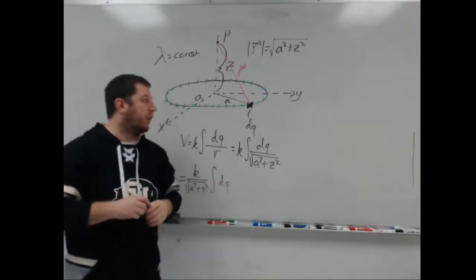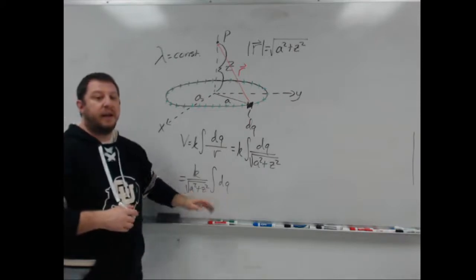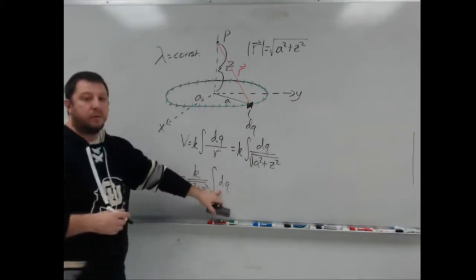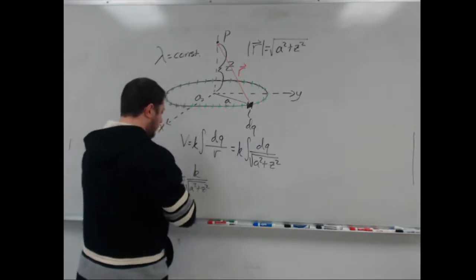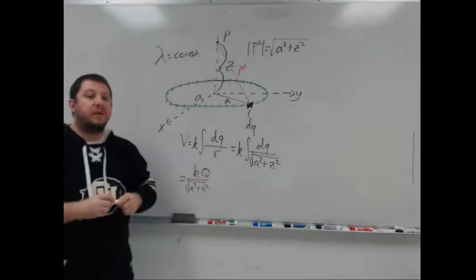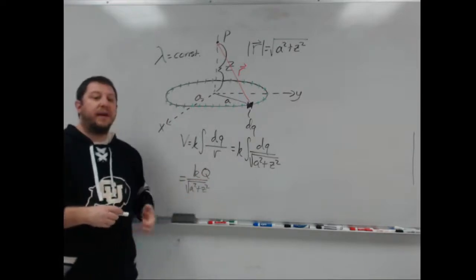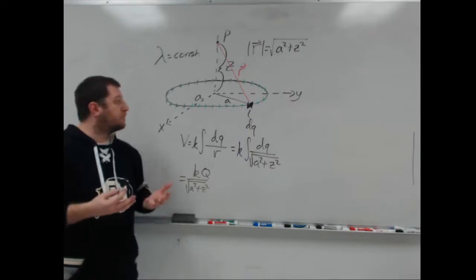We've done that before, so we won't go over that here. But this is the end result, and the integral of dq just goes to Q. And there's our result. Now notice, I don't have any vector notation here because potential is a scalar.